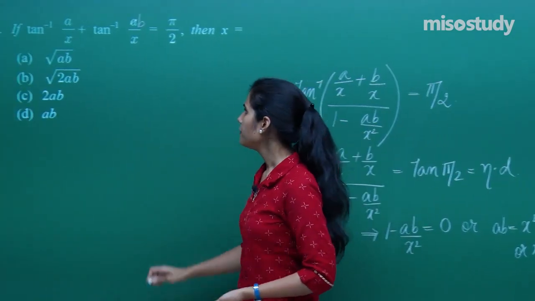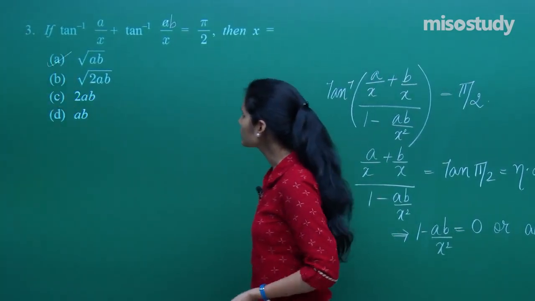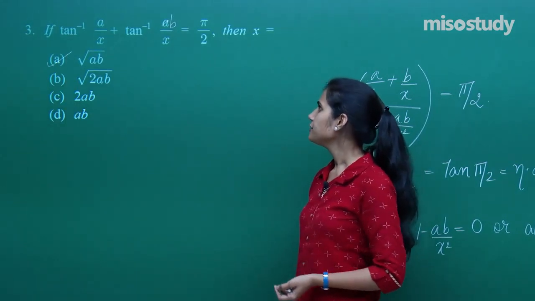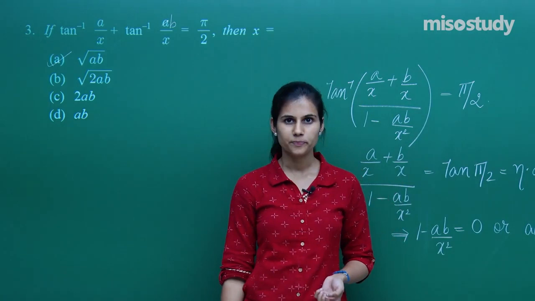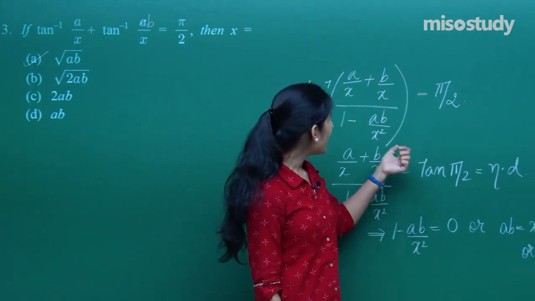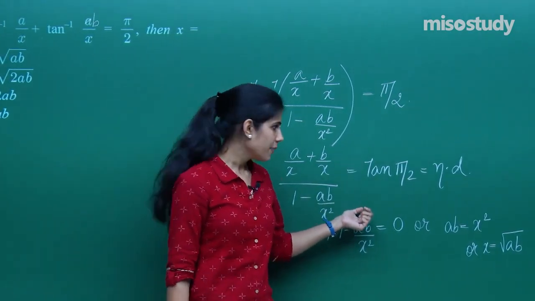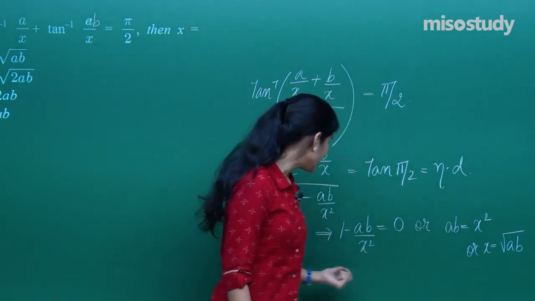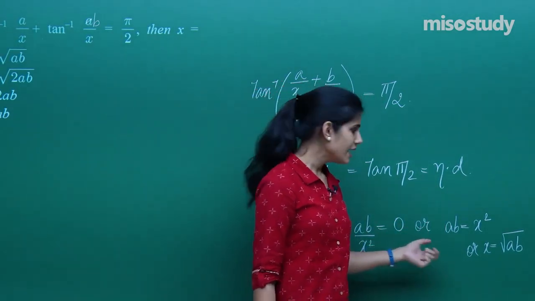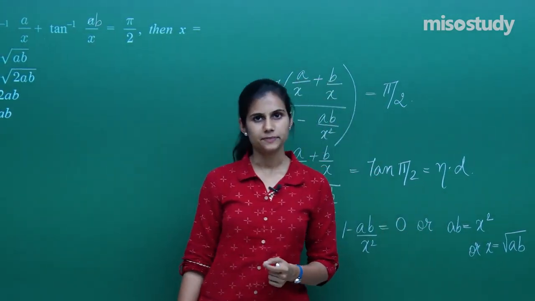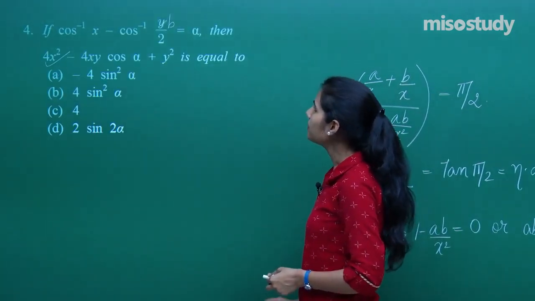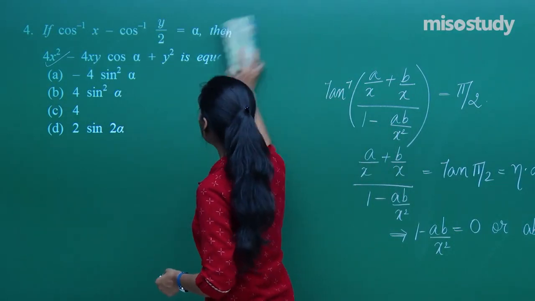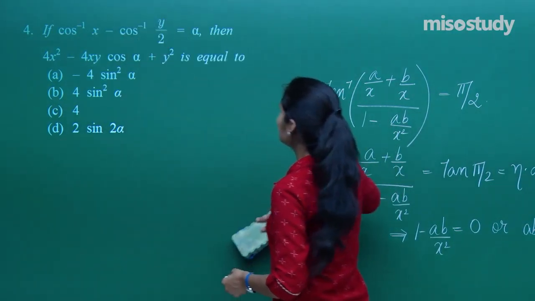So it is the value root ab which x is going to assume if tan inverse a by x plus tan inverse b by x has to come out to be equal to pi by 2. Now the moment you have this, you have understood that the very fact that this was not defined led us to the conclusion that this should be 0 and hence x should be root ab. Clear?